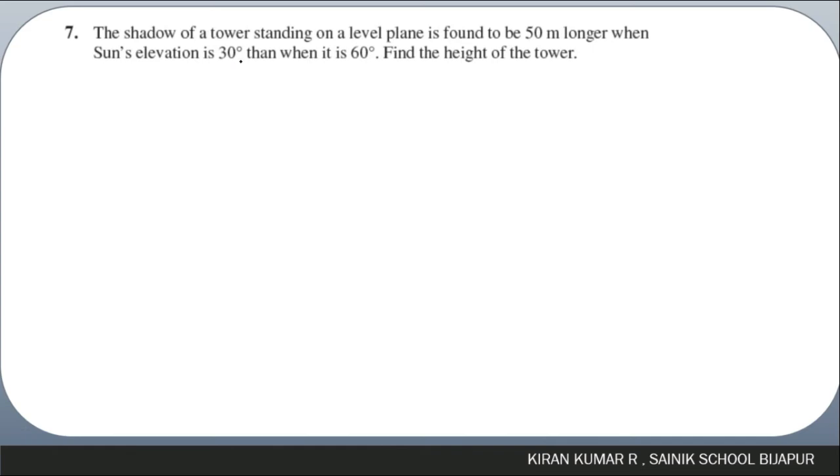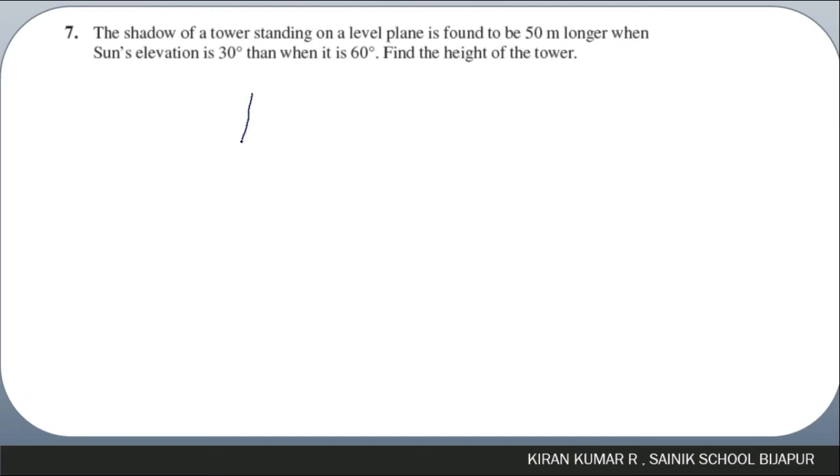The shadow of a tower standing on a level plane is found to be 50 meters longer when the sun's elevation is 30 degrees than when it is at 60 degrees. Find the height of the tower. I'll make a respective figure.